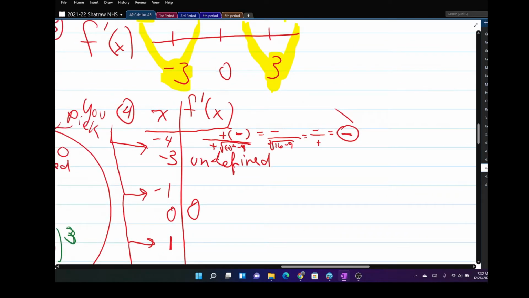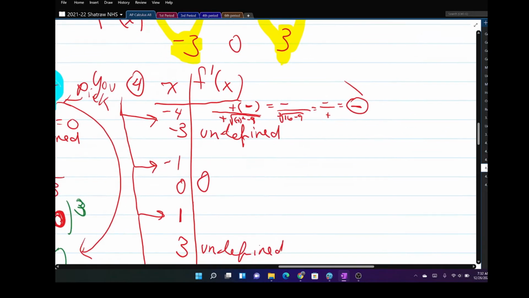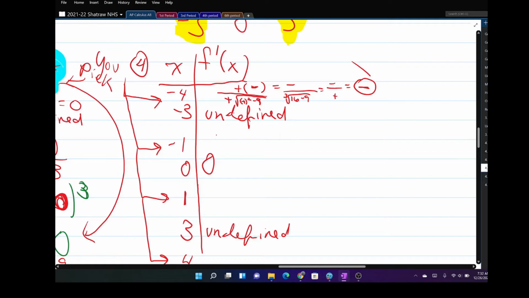So I'm going to put that on my number line. It is going downwards, just like I said it would. I looked at the graph. I cheated. Okay, so then what happens at -1? Well, 4 was positive and -1 is negative. So I have a positive times a negative on top, and on bottom I have -1 being squared minus 9, and I'm supposed to take the cube root of that.